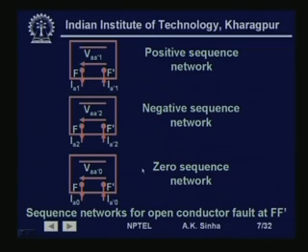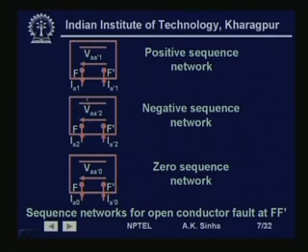Now, what we need to do is we need to find out the connection between the 3 sequence networks for different types of fault. But here what we find is the situation is somewhat more complex than what we had seen in case of a short circuit. Here we have 2 points F and F dash, that means we have to get the Thevenin's equivalent between F dash and reference as well as between F and reference.